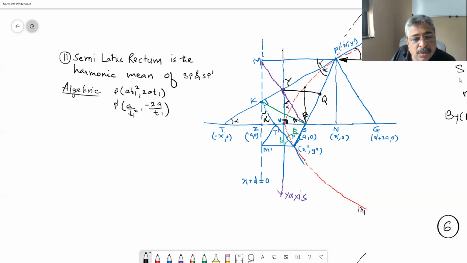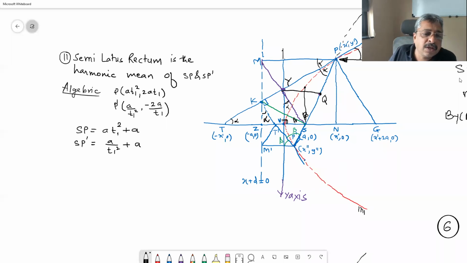Good. So SP is equal to x dash plus a. Therefore, SP is equal to a t1 square plus a. SP dash is equal to a upon t1 square plus a.